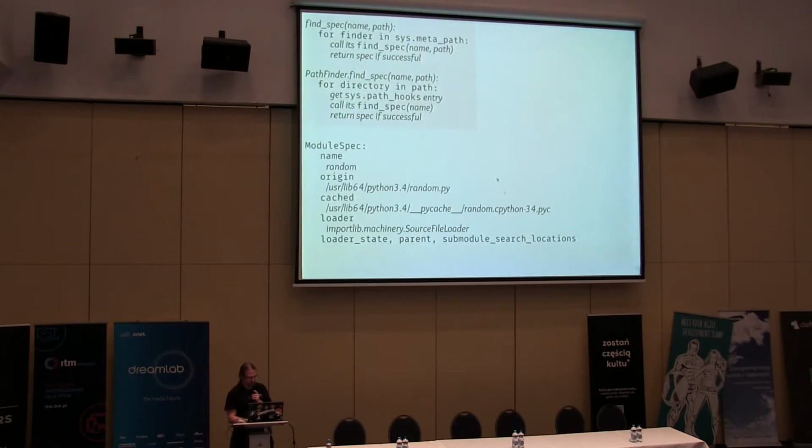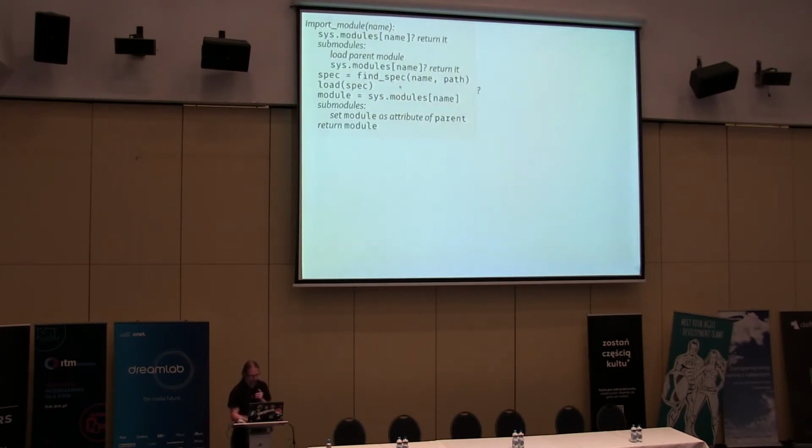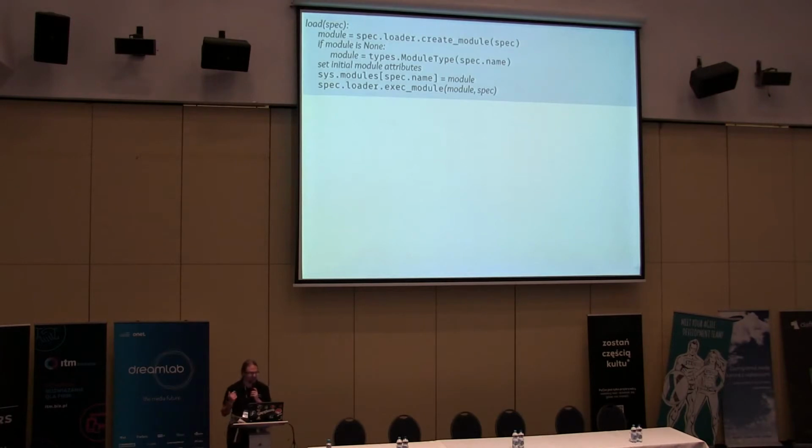So now that we have find spec done, we can look at what happens in this load function. The load function is actually pretty simple. The first thing that it does is it creates a module object. Usually it creates something called a module type object, which is just the normal module object.